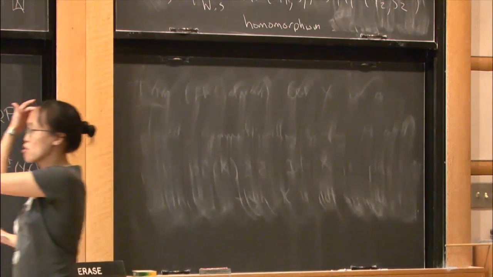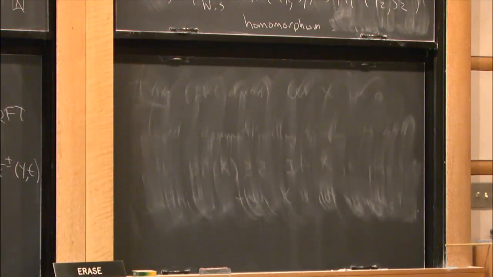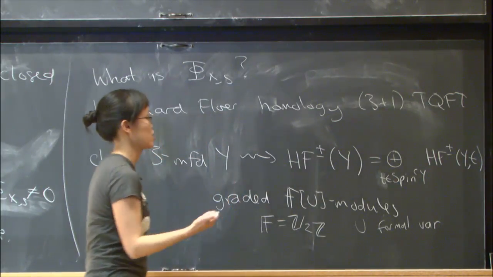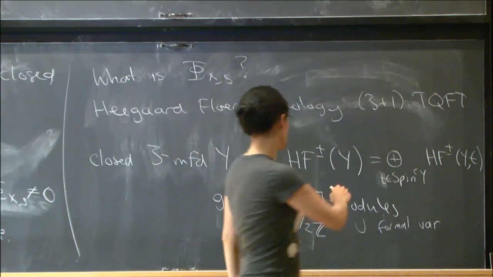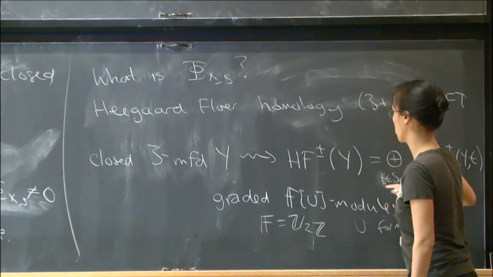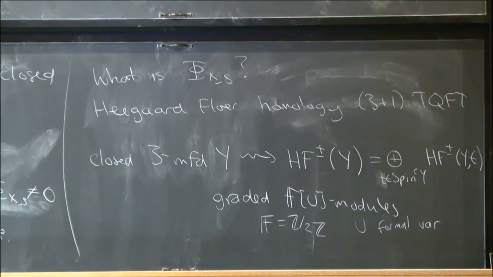So I mentioned that we're actually going to need both flavors of Heegaard Floer homology, both HF plus and HF minus. So let me tell you what these modules look like. Let's focus on the case where Y is a rational homology sphere.